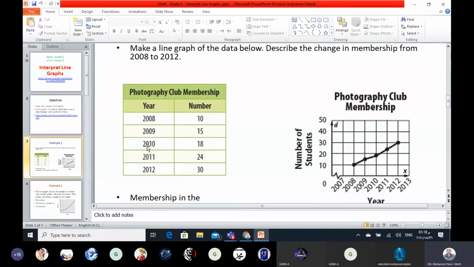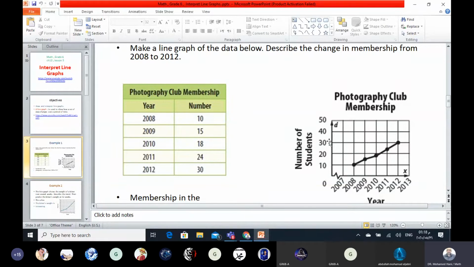And here we have 2010 and 18. This is 2010 and this is 18. So match between them, the point will be here. Now here we have 2011 and 24. This is 2011 and 24 between 20 and 30.